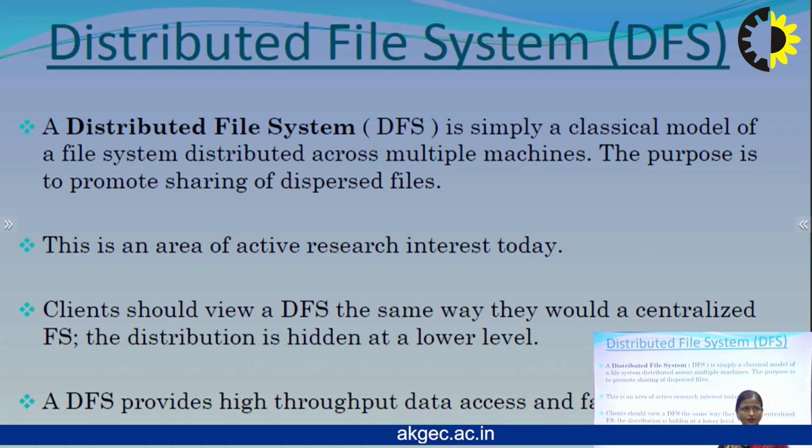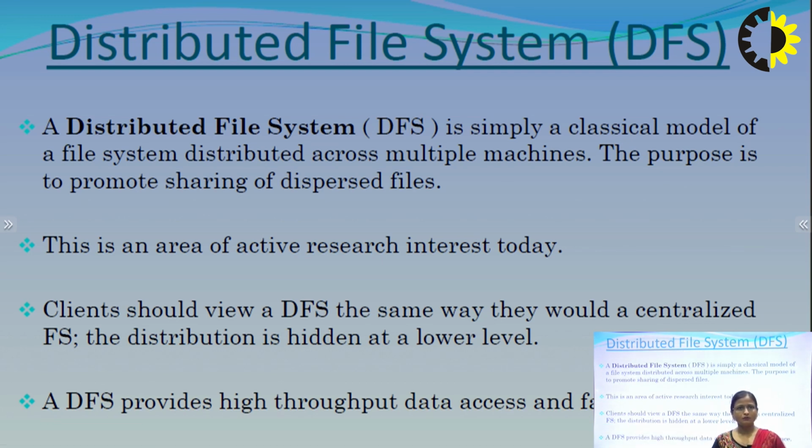So what is DFS? DFS is basically a distributed file system. Distributed file system means the file system which is distributed across multiple machines, and the purpose of this distributed file system is to promote the sharing of dispersed files. This is also an active research area today, and clients should view a DFS the same way they view a centralized file system.